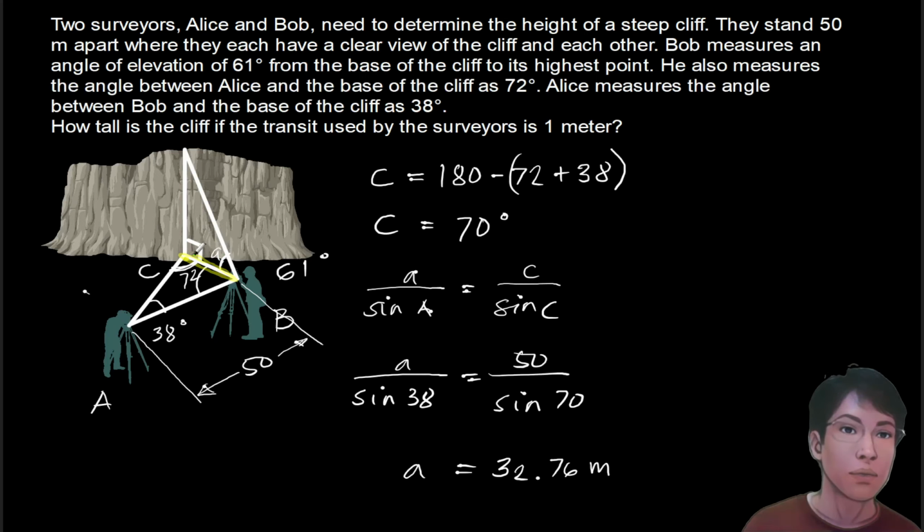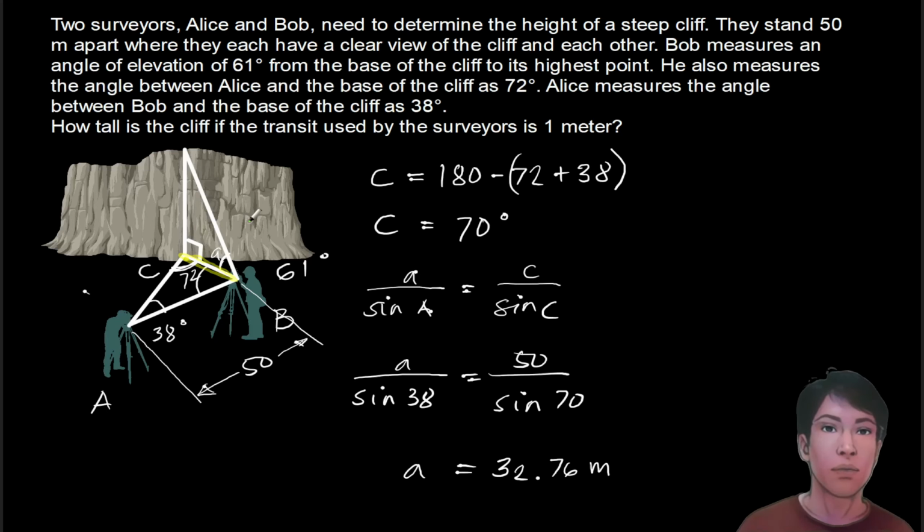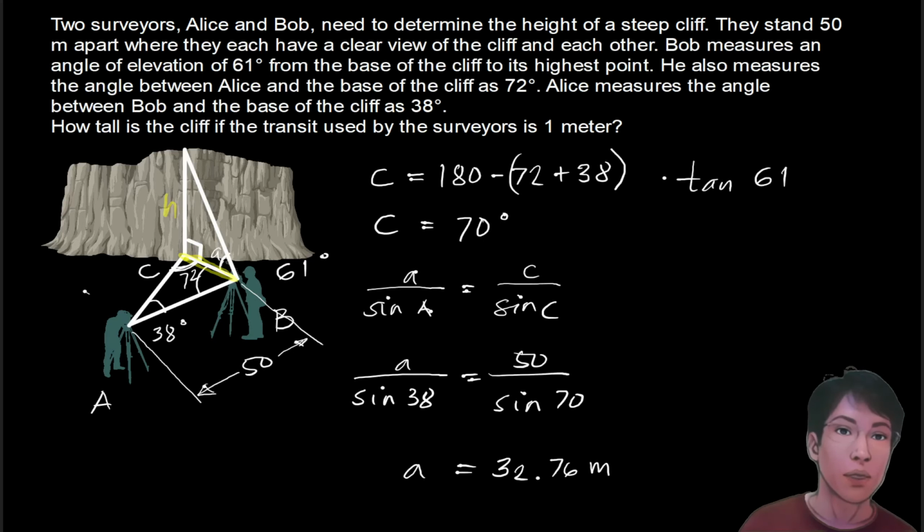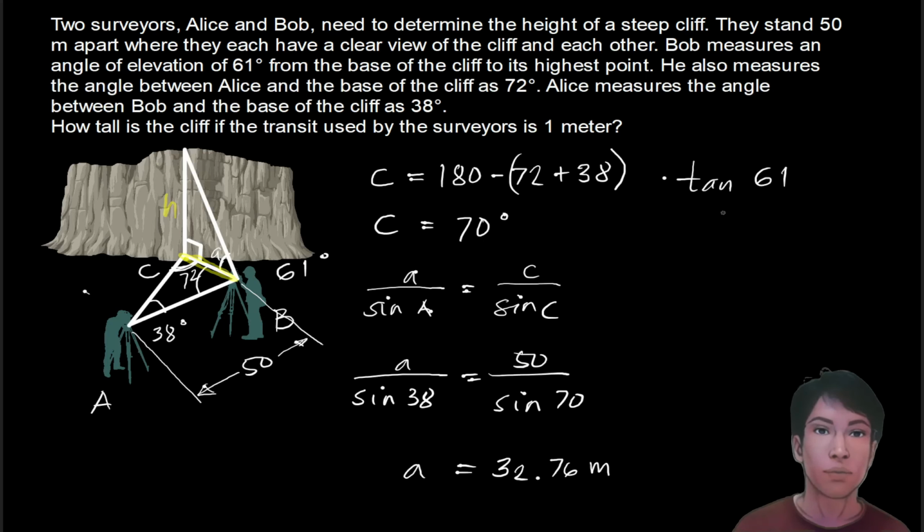So knowing A, and we have this angle as 61, then we can now solve. Considering that this is a right triangle, we can solve for the height of the cliff. Let me designate this as H. So tangent 61, this angle is 61, is height opposite over adjacent.